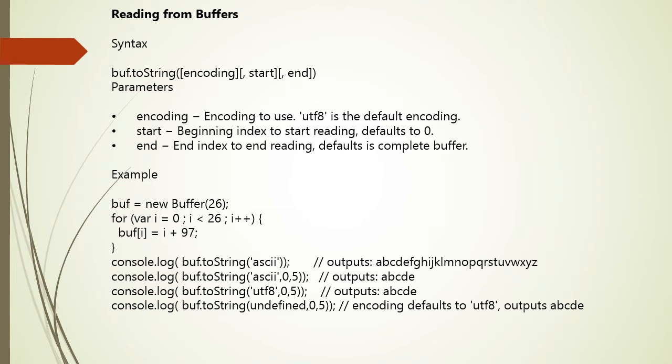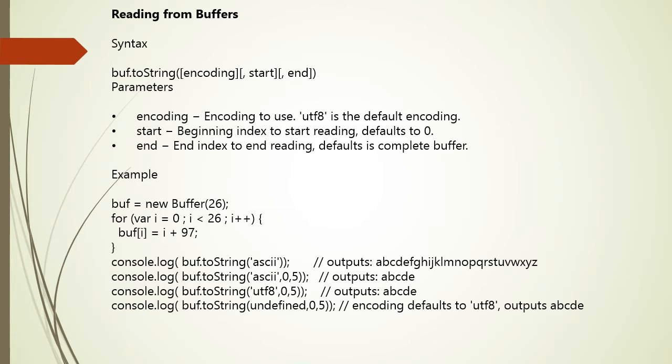As we have seen, UTF-8 is the default encoding. Start is the beginning index to start reading. Defaults to 0. End is the end index to end the reading. The default is the complete buffer. The return value: this method decodes and returns a string from the buffer data encoded using the specified character set encoding.